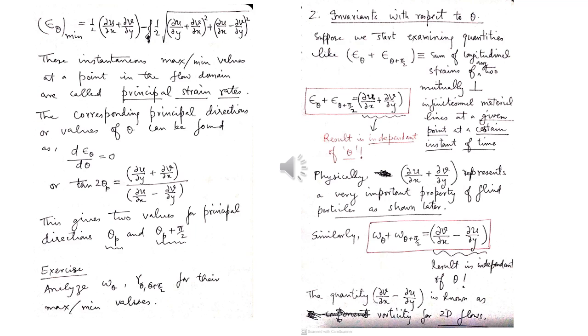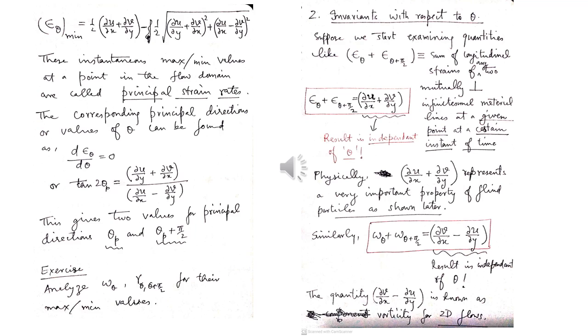Now the corresponding principal directions, so as I mentioned earlier, at what values of theta these maximum and minimum values will occur. So the corresponding principal directions or values of theta can now be found if you use the methods of calculus for finding the maxima minima of a function. So what you do, you differentiate the function and equate the derivative to 0.